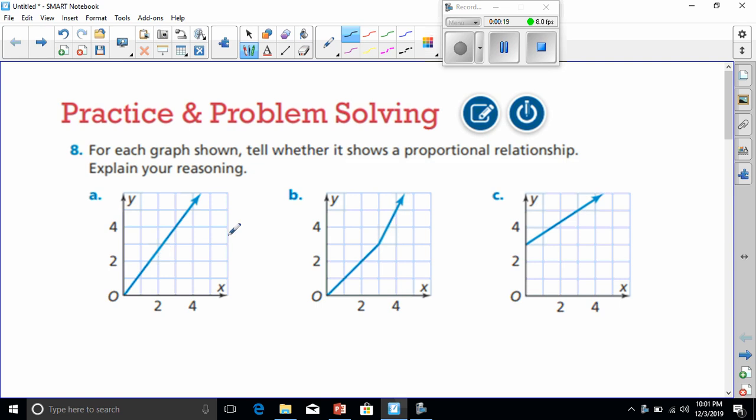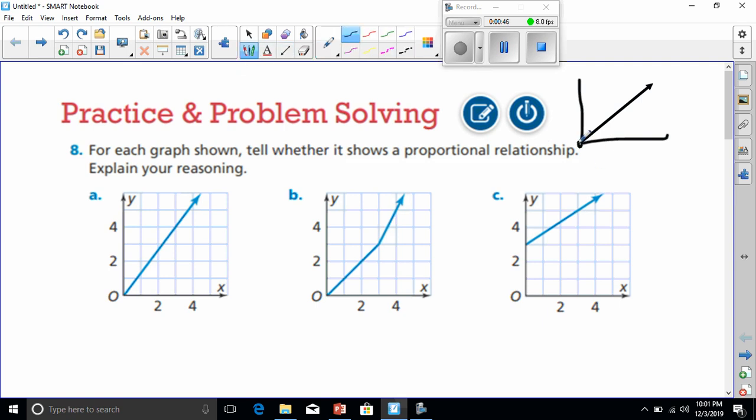Well, as I stated in class, for something to be proportional, it has to go through the origin and it has to be straight. If it doesn't go through the origin and it's not straight, it is not proportional.